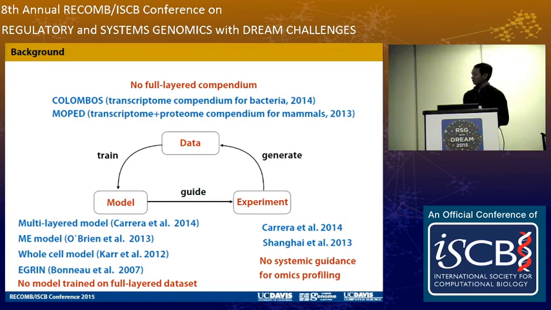And in previous years, we have many interesting genome scale models out there, but we still need to improve our modeling strategy, trained on full layered information, to represent the most comprehensive knowledge of an organism.